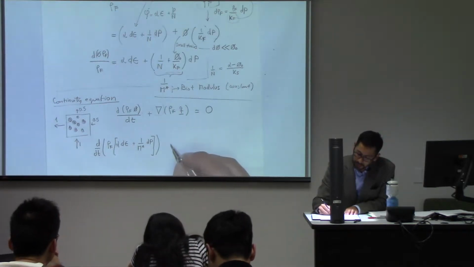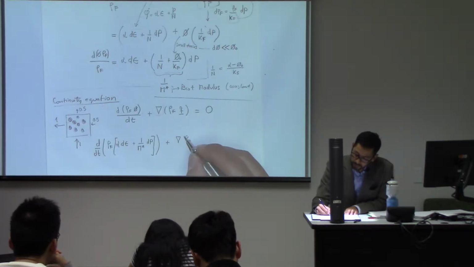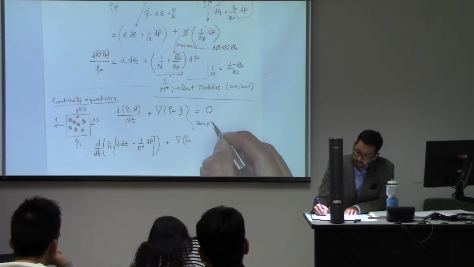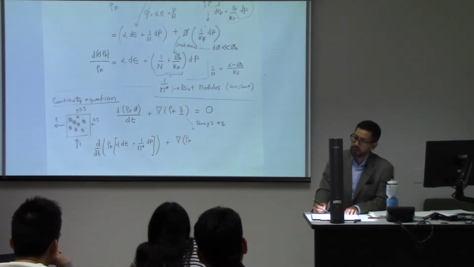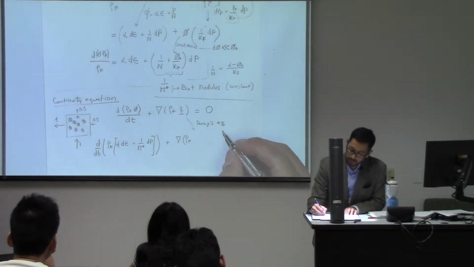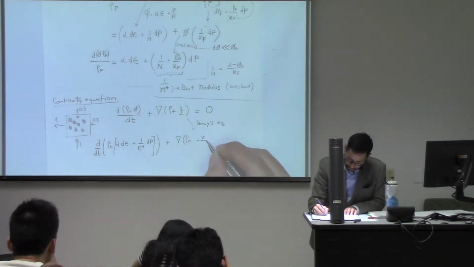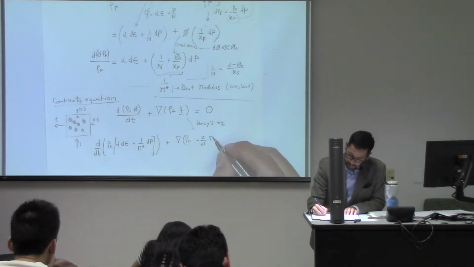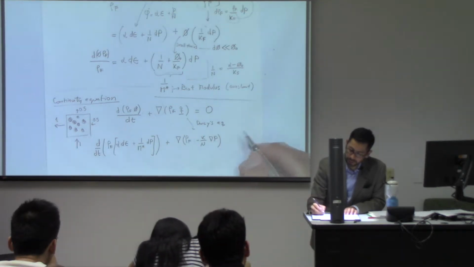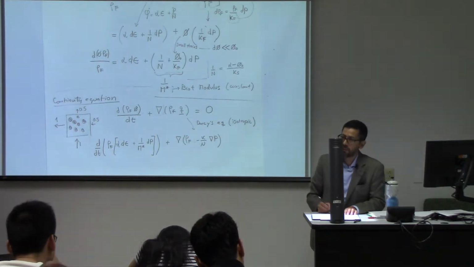That's it. And here, now, I'm going to assume Darcy. And if I assume Darcy, what is going to be Q? Negative K divided by viscosity times now the gradient of delta P. I have assumed not only Darcy, but I have assumed an isotropic solid, an isotropic permeability.